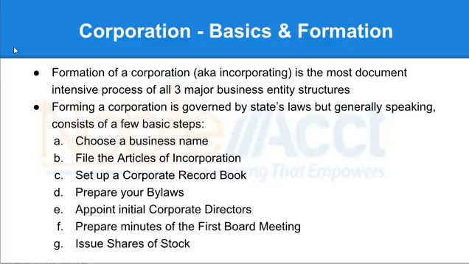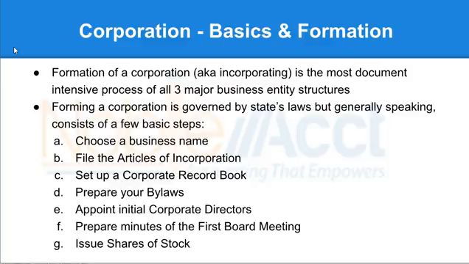Now, the third step in forming a corporation is to set up a corporate record book. The corporate record book is an essential part of forming a corporation. It will keep all your corporation related paperwork in order.